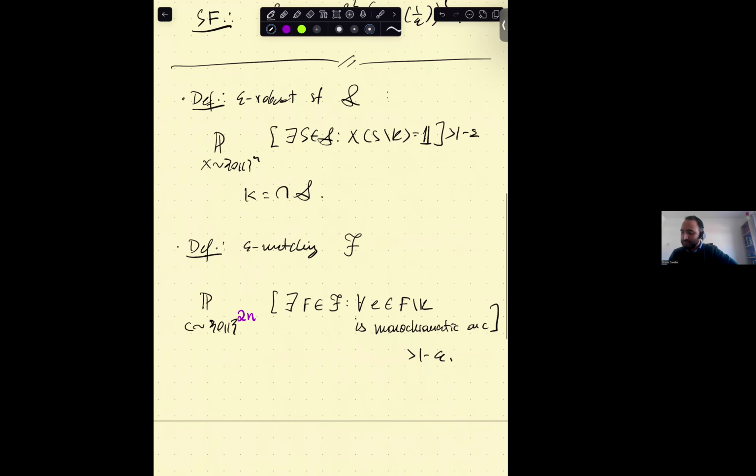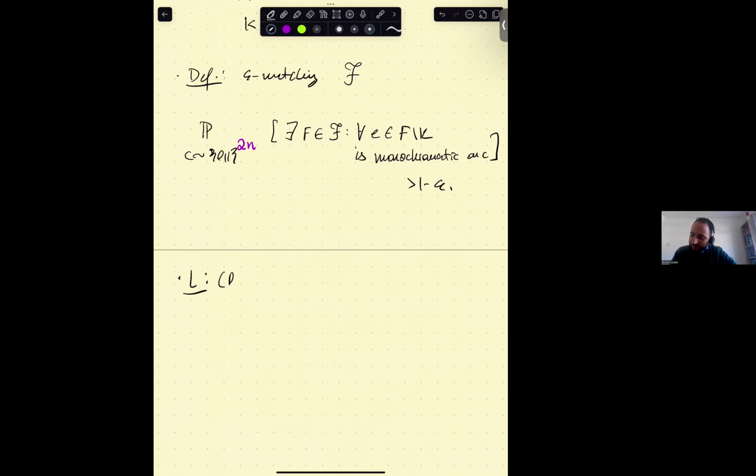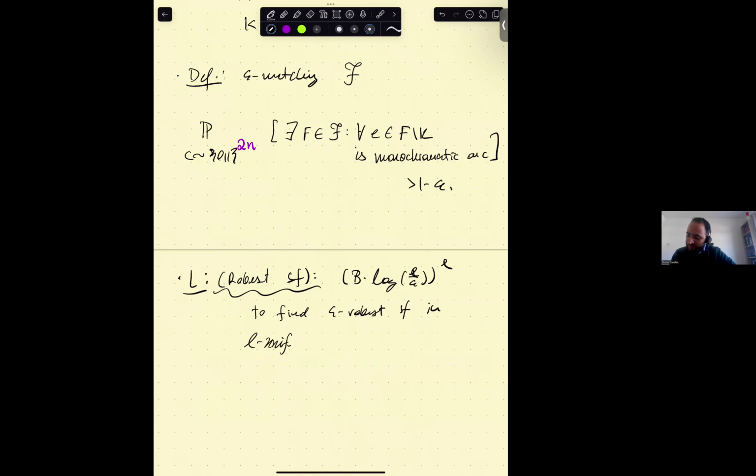So how do we show a bound here? So the lemma for the robust sunflower is you need size some constant, this much, to find an epsilon robust sunflower in L uniform hypergraphs.